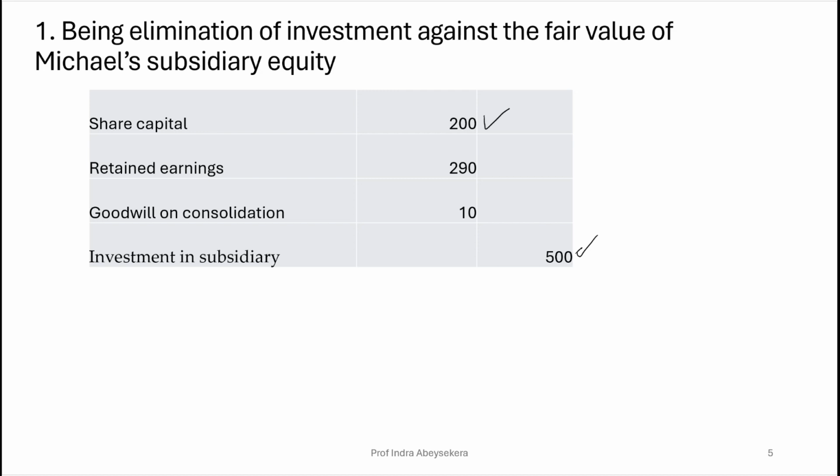So we debit 200,000 for share capital and retained earnings 290,000. The excess investment is for the goodwill on consolidation, which is 10,000.